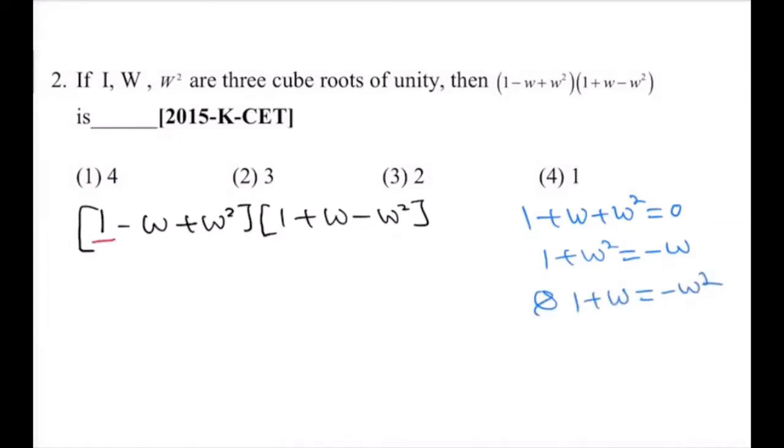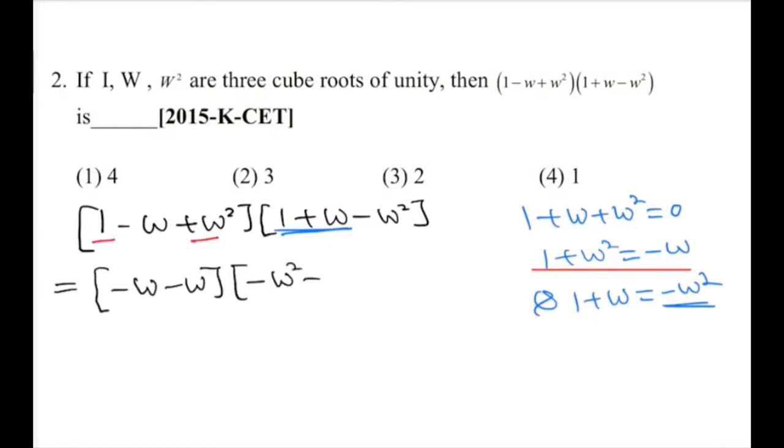So here 1 plus omega square can be replaced by minus omega, and here 1 plus omega can be replaced by minus omega square. So this becomes minus omega into minus omega square minus omega square.